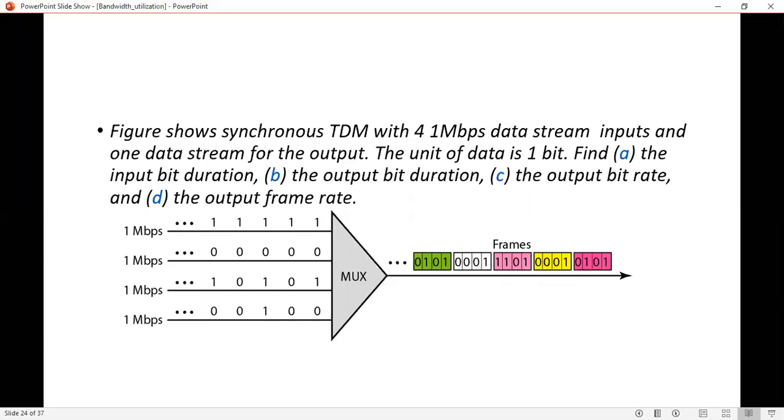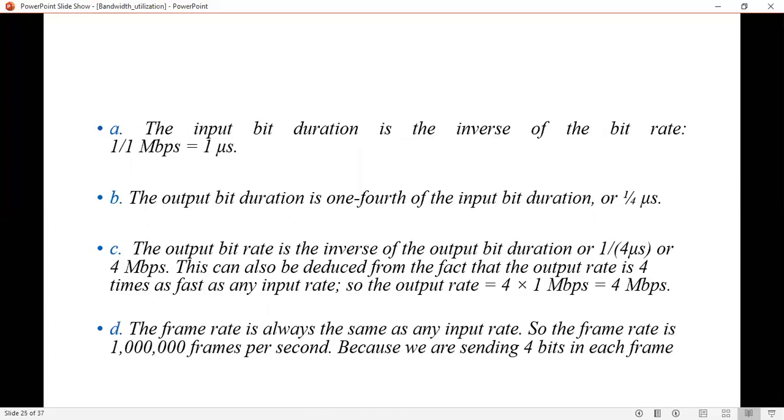I told you the frame rate is equal to the input rate, isn't it? So the output frame rate is nothing but 1 mega frames per second, because we are sending 4 bits in each frame.